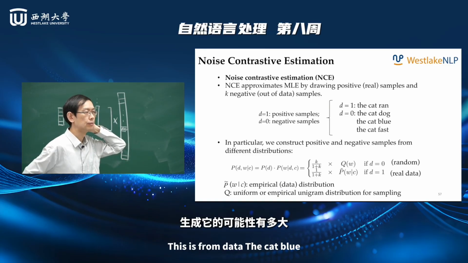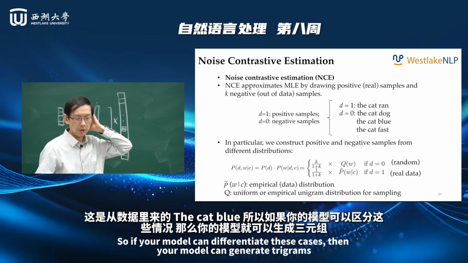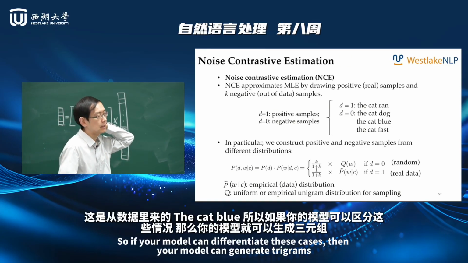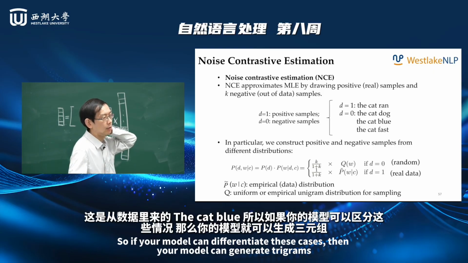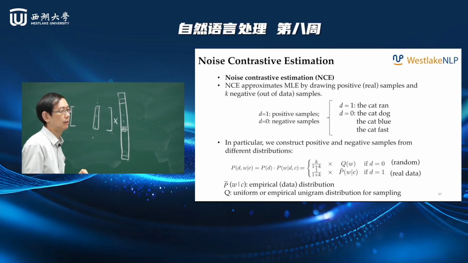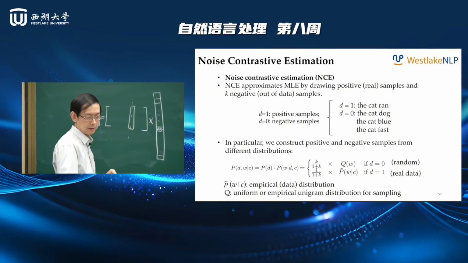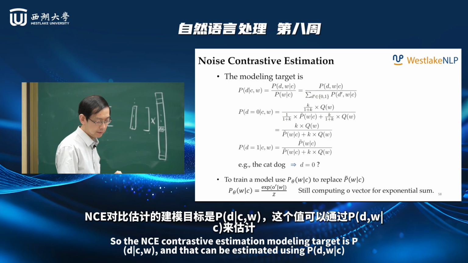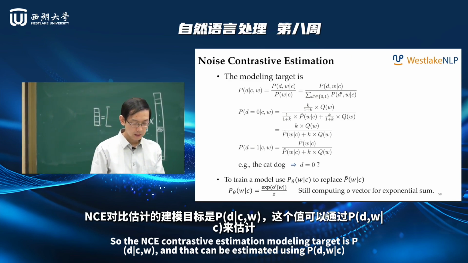So if your model can differentiate these cases, then your model can generate trigrams. So the NCE, contrastive estimation, modeling target is D given C and W.